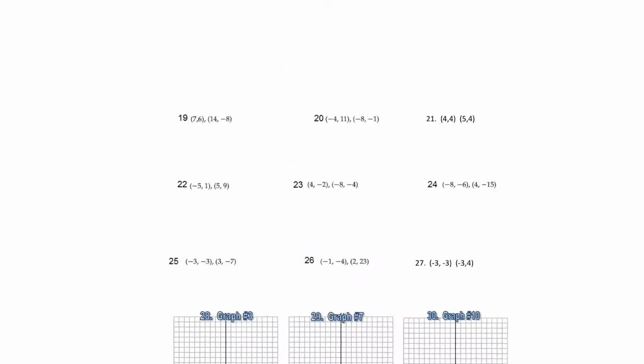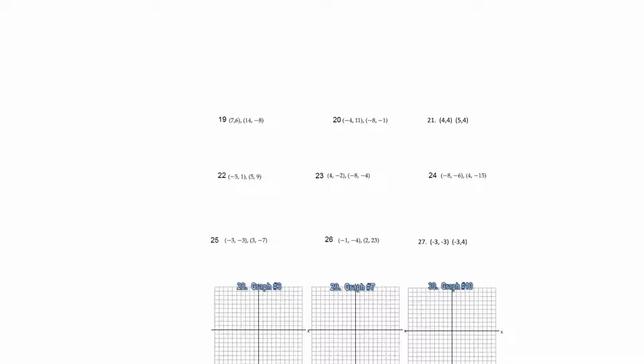Okay? Back on the other side. On the front, it's really like stuff we did last week. So the back is like what we just got through doing. So let me just list out the steps of what you're going to do here for these on this side. Number 1, you're going to find the slope between those 2 points.